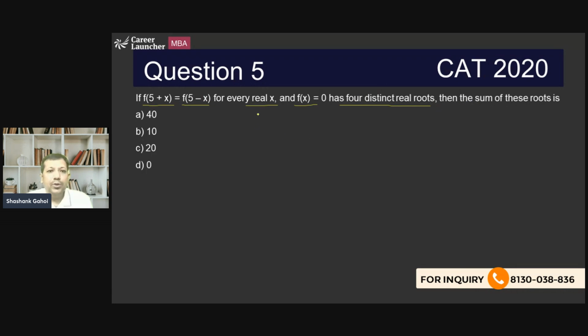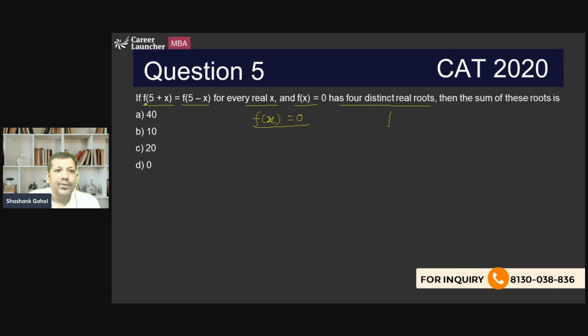So fx equal to 0 means at that value of x the function is going to be 0. Okay. Now what is going to happen? What is a root? So root means the value of x at which the function becomes 0.